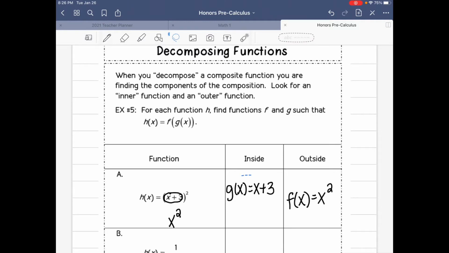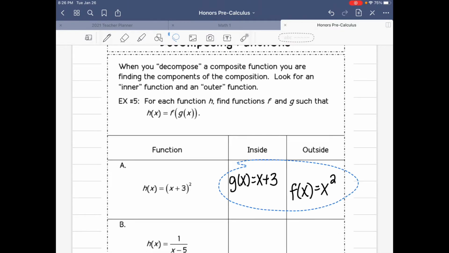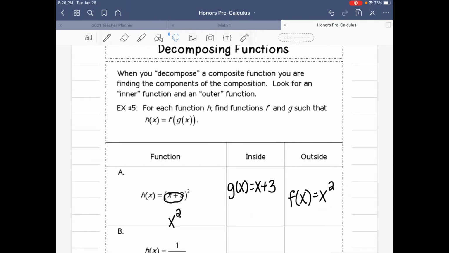And again, there are multiple ways that you could define these pieces. So when I'm looking at them, I could potentially also say, okay, my input value this time is going to be just x, and I'm inputting it into the function x plus 3.